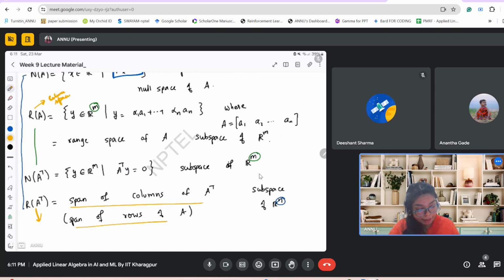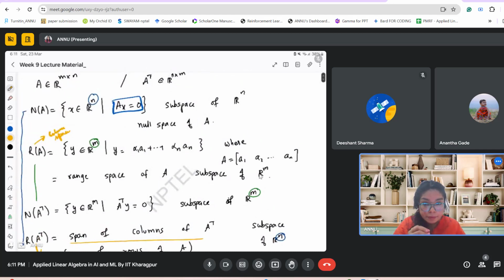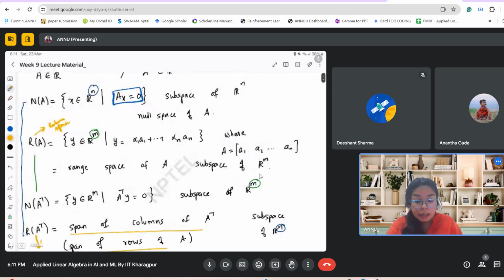You should be able to judge where it will belong. The range space and column space belong to R power m, whereas the null space belongs to R power n. M cross n is the dimension of the matrix. I hope this is clear, because null space, range space and column space are very important pillars of vector space in linear algebra.